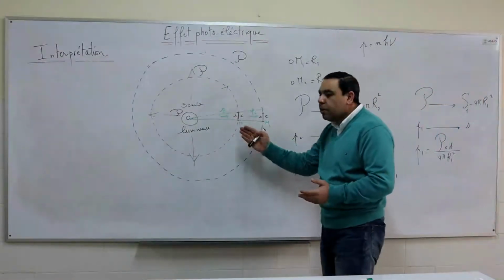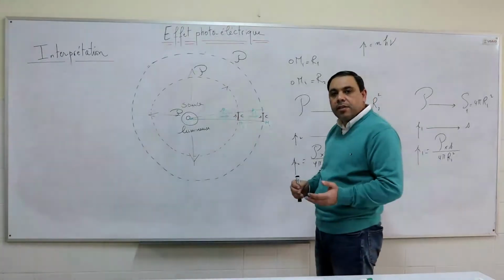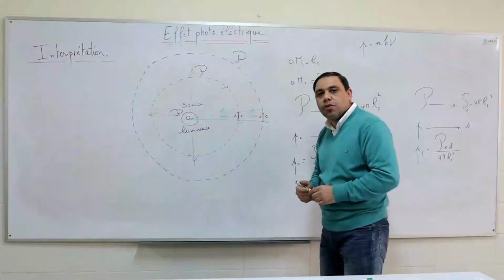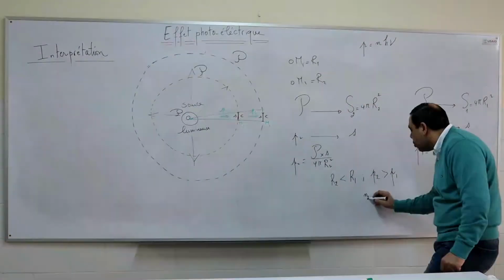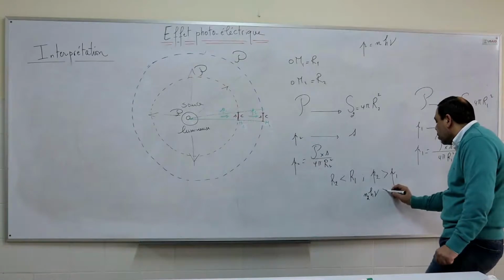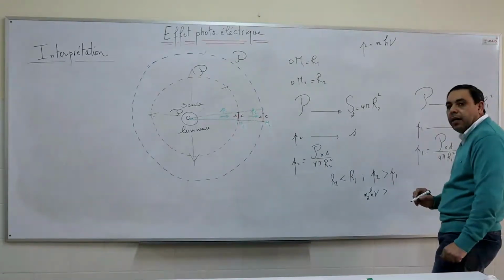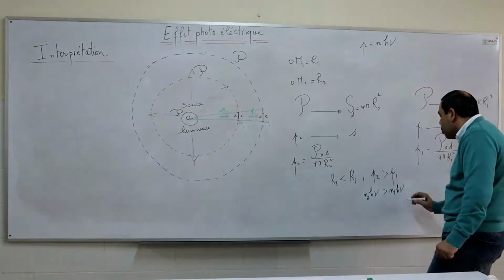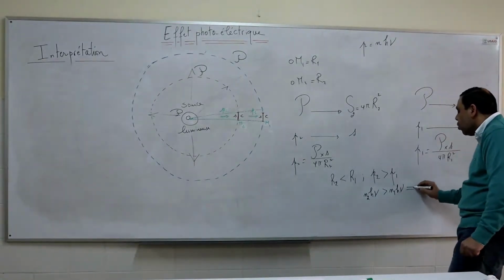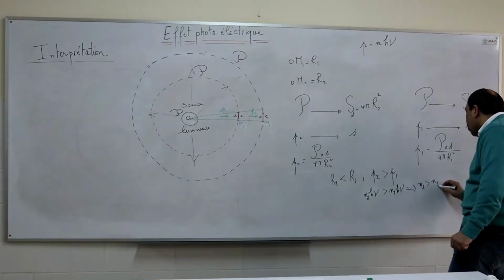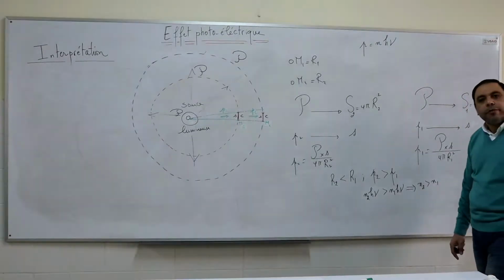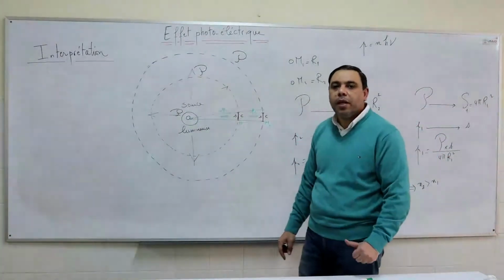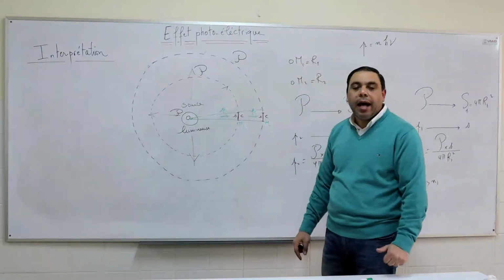Let's denote by N1 and N2 the number of photons reaching the cathode when in M1 and M2. So N2 h nu is greater than N1 h nu. We can simplify by h nu from both sides, so we get N2 greater than N1. Then the number of photons received by the cathode in M2 would be greater than the number of photons received by the cathode when in M1.